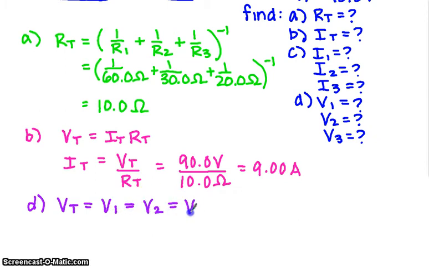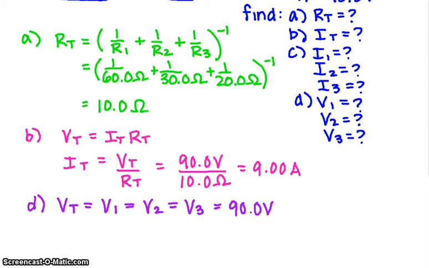That comes back to the loop rule, where the rise across each loop is equal to the fall, or the gain in potential difference is equal to the loss in potential difference. So each one of those values is going to be 90 volts across each loop.